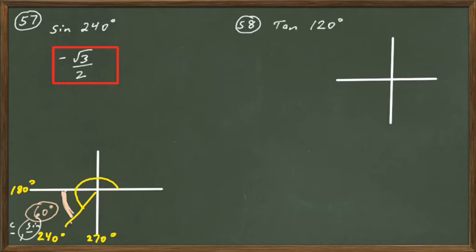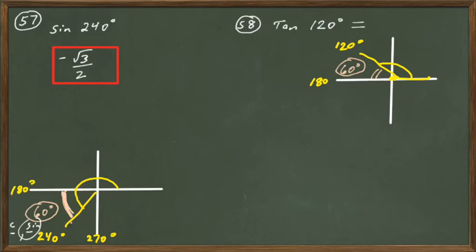Okay, for number 58, I want to use the tangent of 120 degrees. All the way over is 180. I don't want to go quite that far. I want to go to 120 degrees. What does that leave for my reference angle? I think 60 degrees again, right? So I look up the tangent of 60 degrees, the tangent of the reference angle.